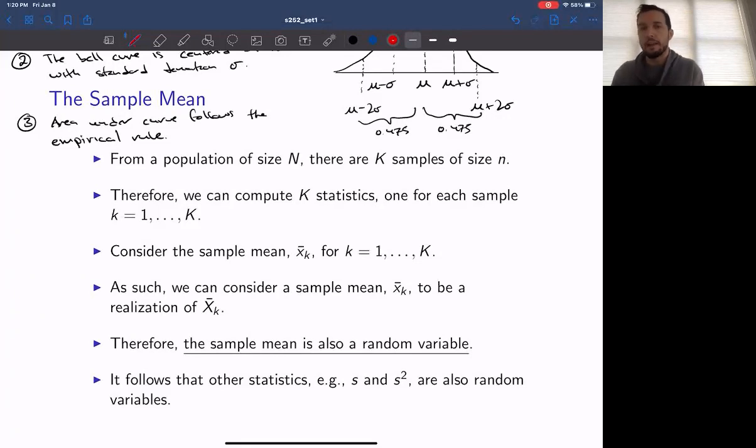It also follows that any other statistic that we build from a sample will also follow some distribution, so it'll also be a random variable. That means it's of interest to determine what the distribution of that random variable will be.